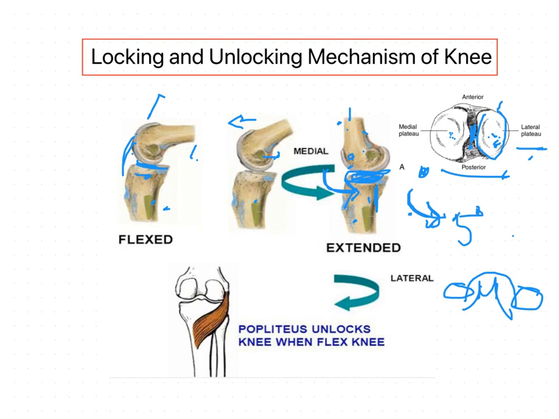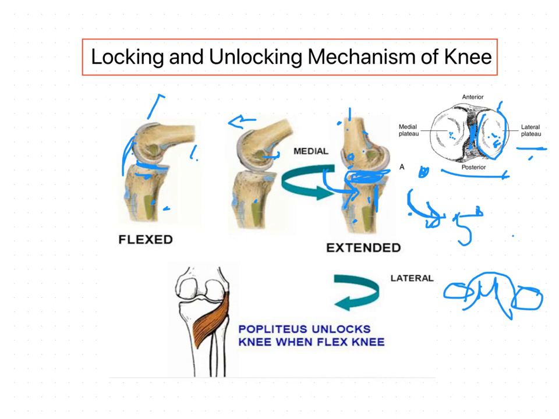Even though all the ligaments and the surrounding structures are becoming taut, still inside the joint some rotation is taking place. That too, medial rotation of the femur is going to take place.